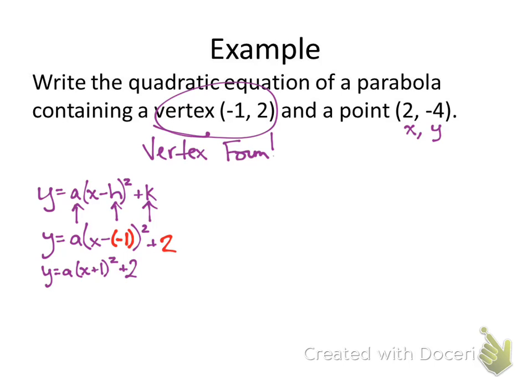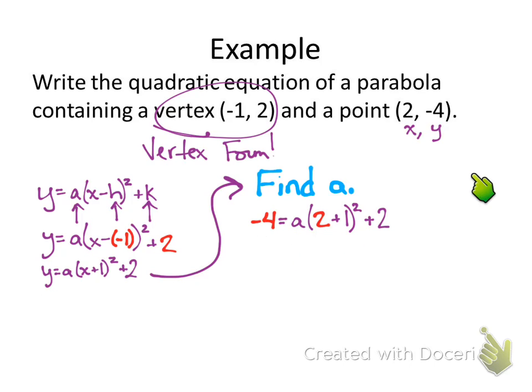If this is a point on the parabola, it should make that equation true. So let's figure out A. Plug in 2, -4 into the x and the y coordinate. When I find A, I use that point, plug the coordinates in, and then use order of operations and solving techniques to figure out what A is.